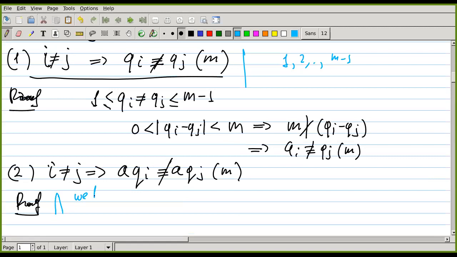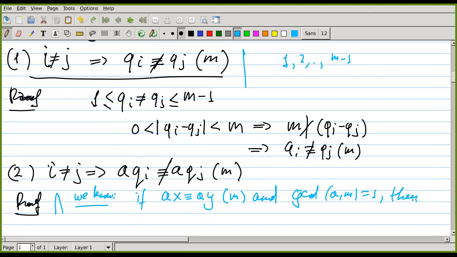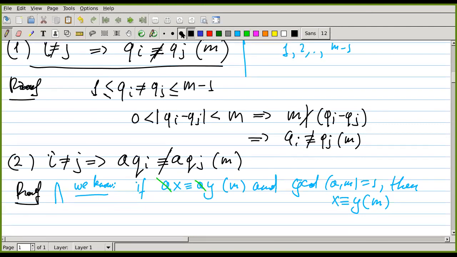We know from the previous lecture that if aX is congruent to aY modulo m and a and m are co-prime, then I can cancel a out. So X is congruent to Y modulo m. So it is possible to cancel a out. Is this idea clear?